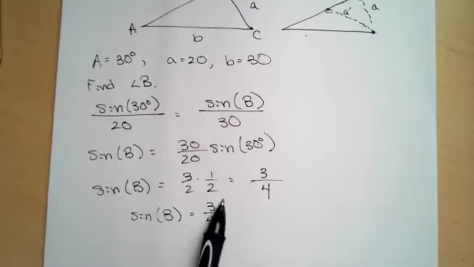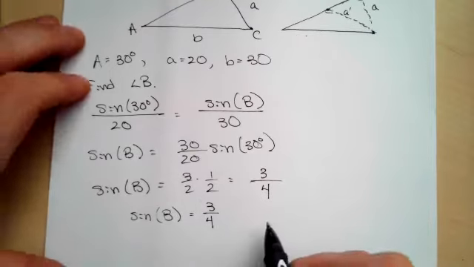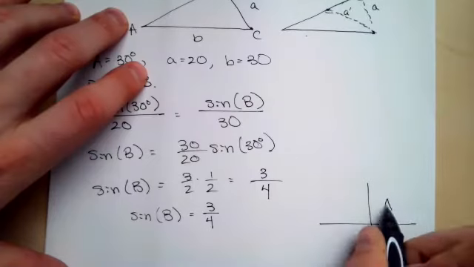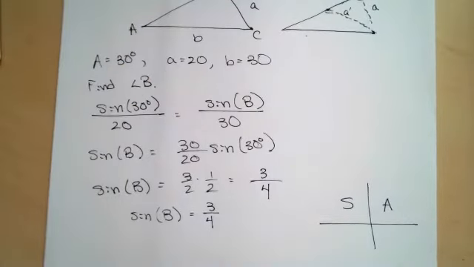The ratio is positive, and where is sine positive? In the first two quadrants, quadrants 1 and 2, meaning any angle between 0 and 180 degrees will have a positive sine ratio.